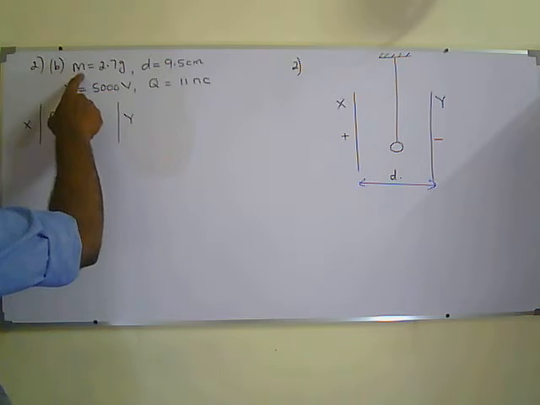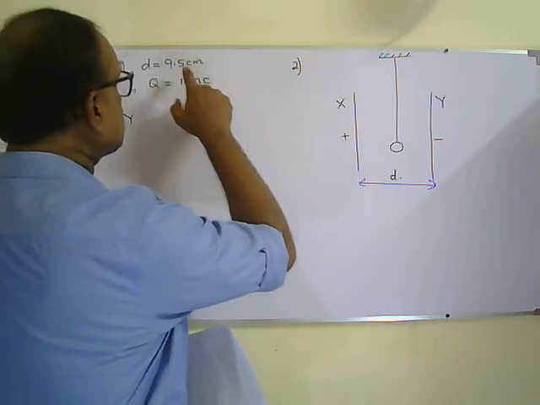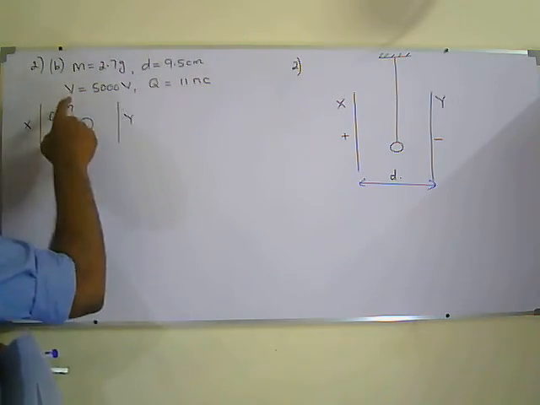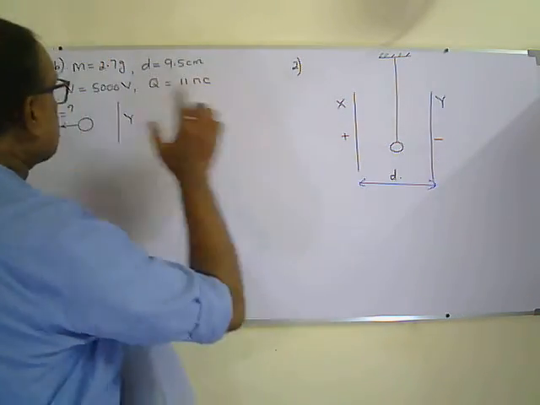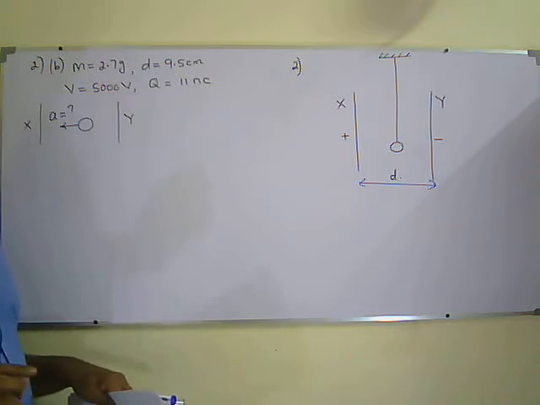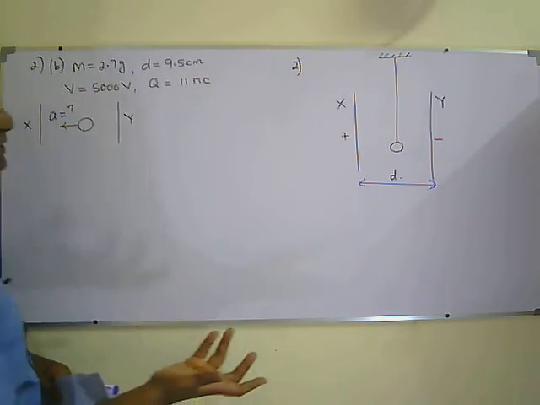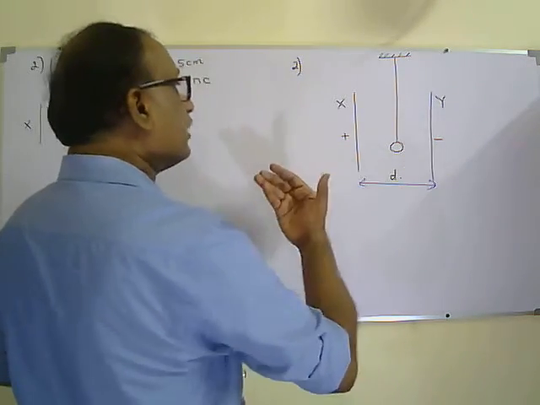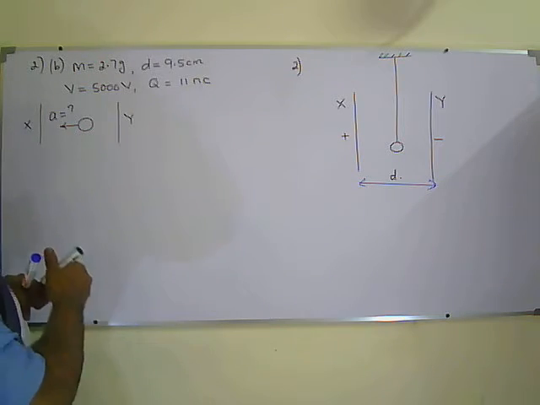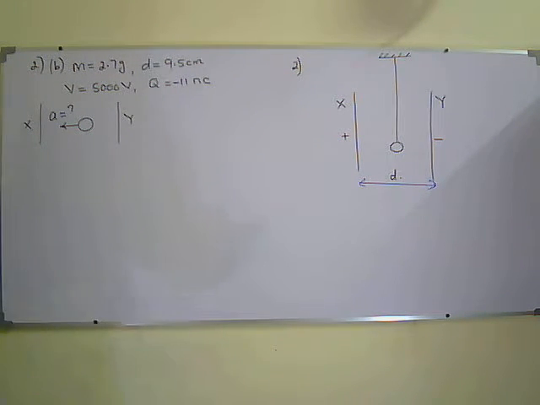The mass of the ball is 2.7 grams, the distance between the parallel plates is 9.5 centimeter, the potential across the parallel plates is 5000 volt and the charge carried by the ball is 11 nanocoulomb. Certainly it will be negative charge, because after touching Y it's moving towards plate X. They ask you to find the acceleration of the ball.